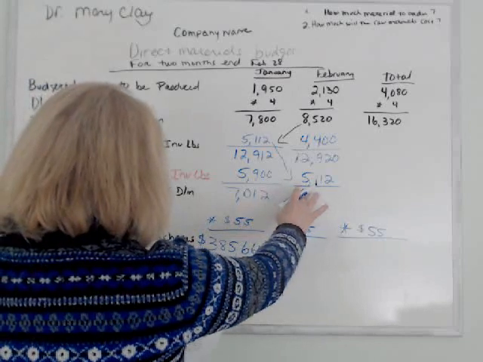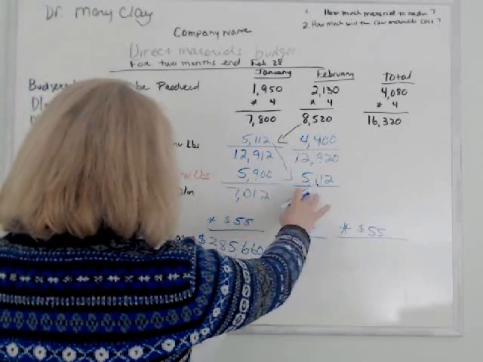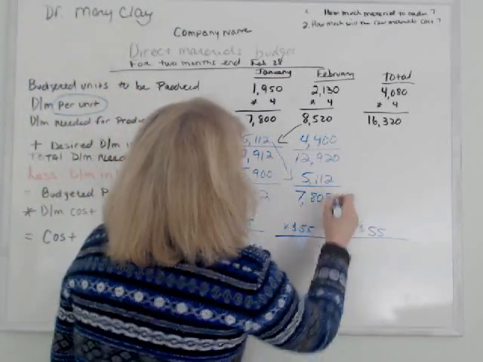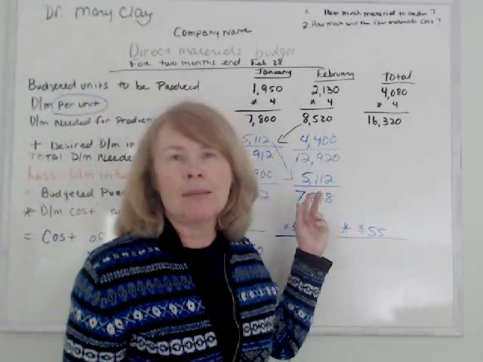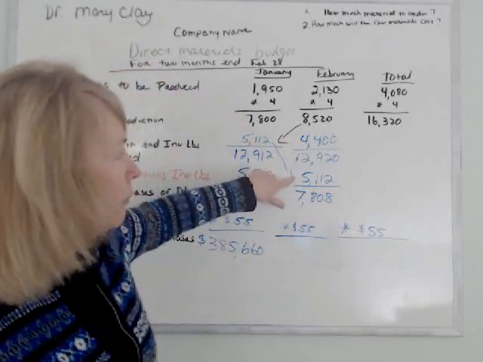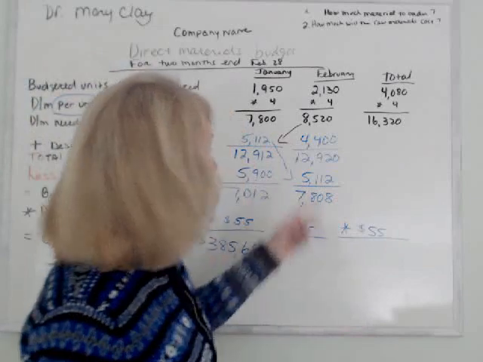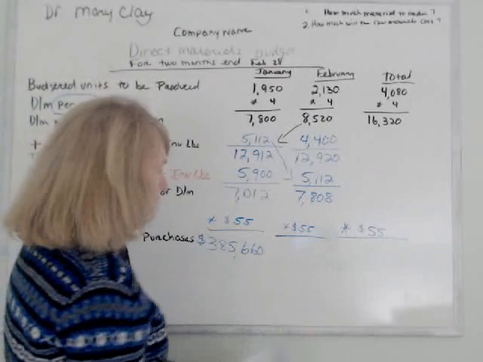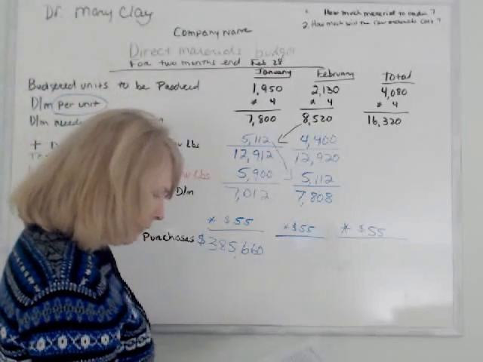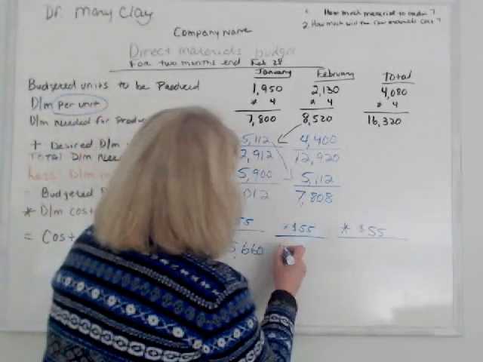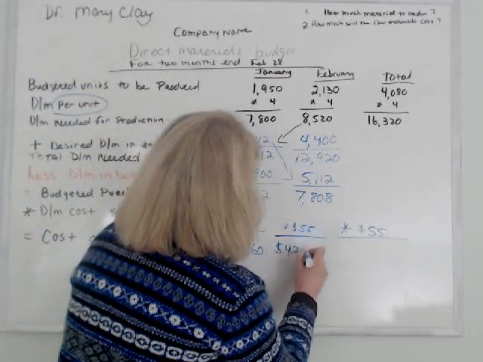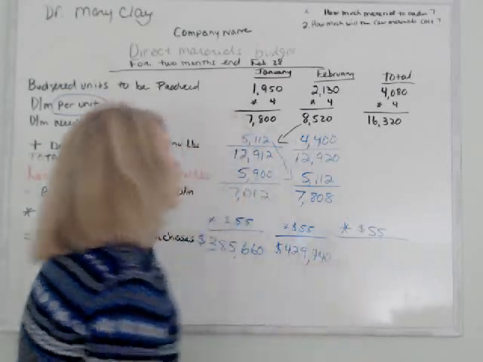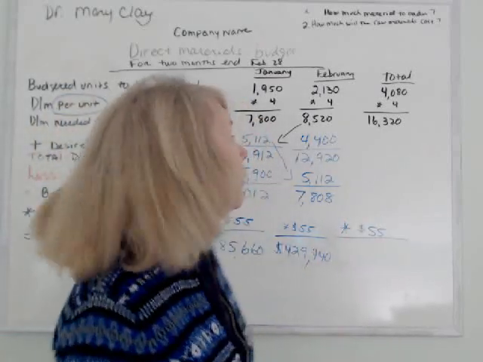I'm going to subtract, and I'm going to get 7,808. Don't put the parentheses in the lab, but just remember to subtract that. Now I'm going to finish February. I'm going to take 7,808 and multiply that by 55, and that gives me 429,440.